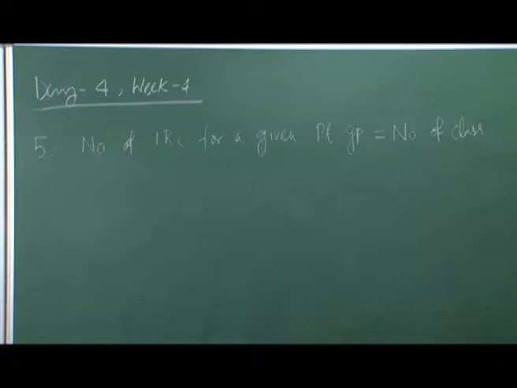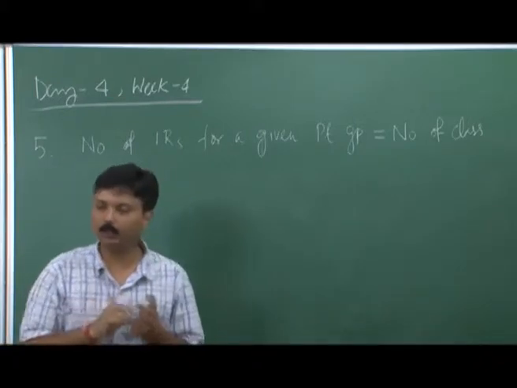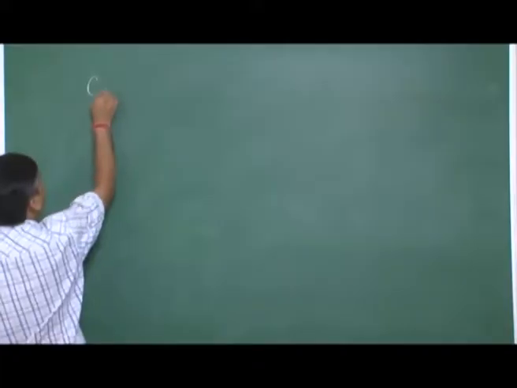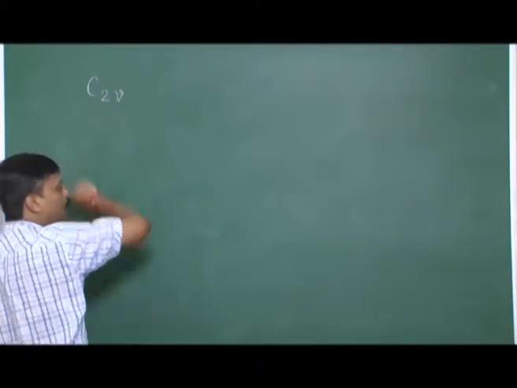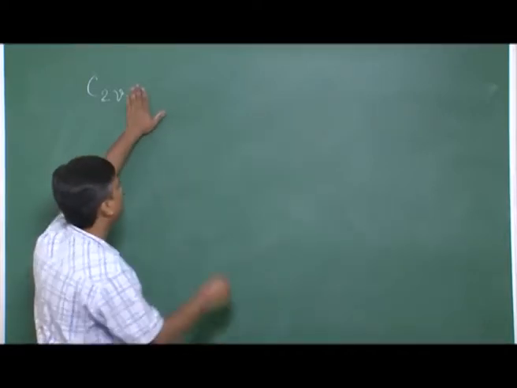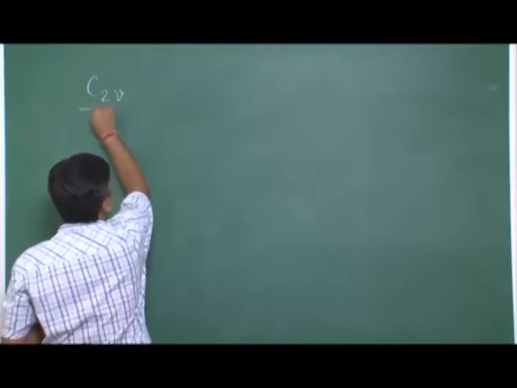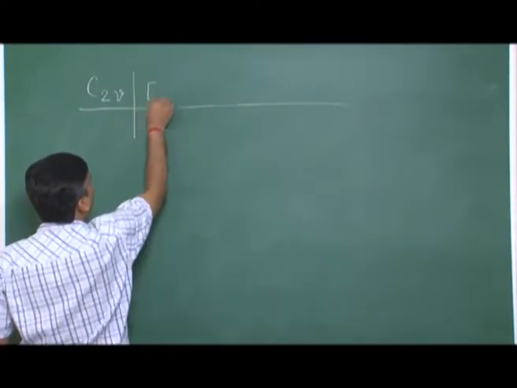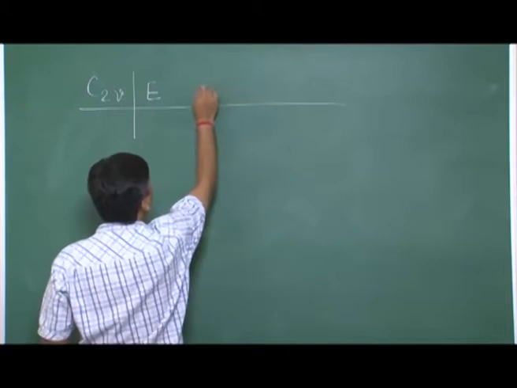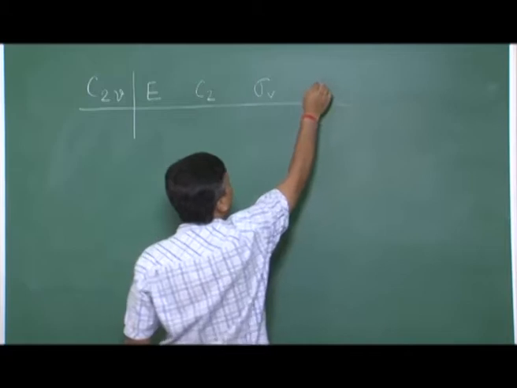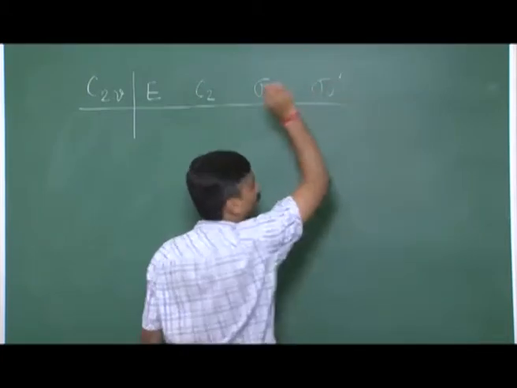So let us take a particular point group, C2v. We are all familiar with the C2v point group. What are the symmetry elements that it has? It has identity, C2, sigma v, and sigma v prime.